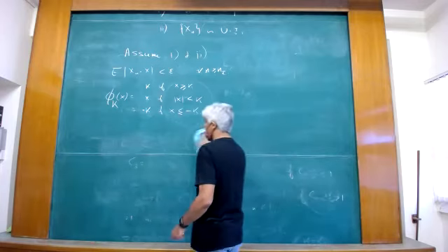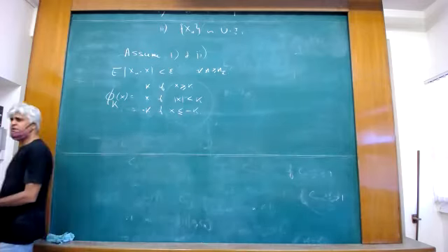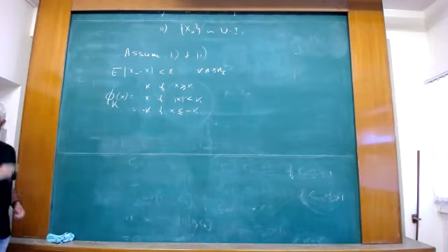Now I'm given uniform integrability and convergence in probability, and I want to show L1 convergence, right?